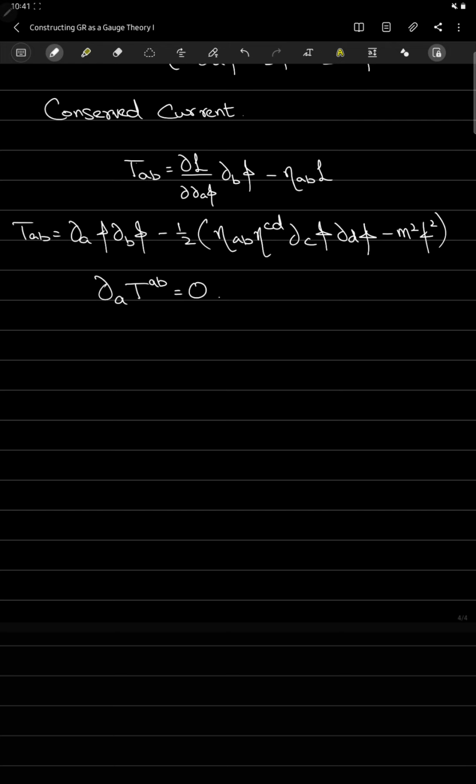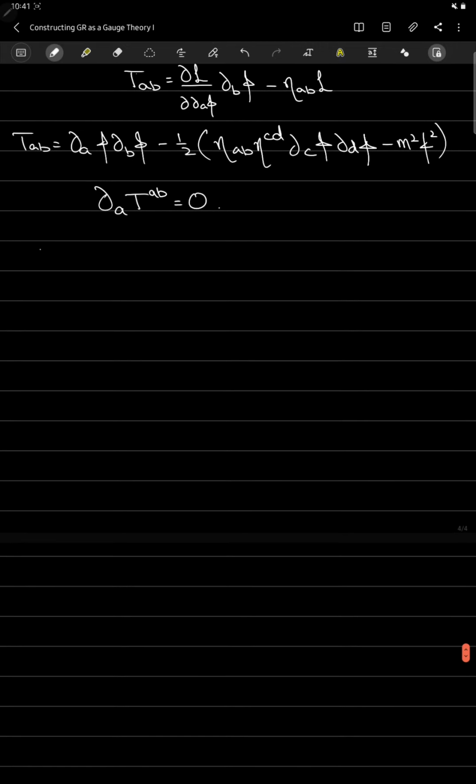Also note that we can introduce charges: H is equal to the integral d³x of T_00, the 0 component of the energy momentum tensor, and π is simply the integral d³x of T_0i components, and these charges are time independent.